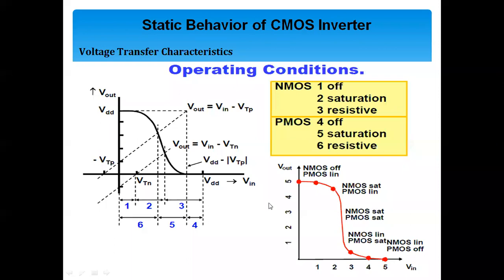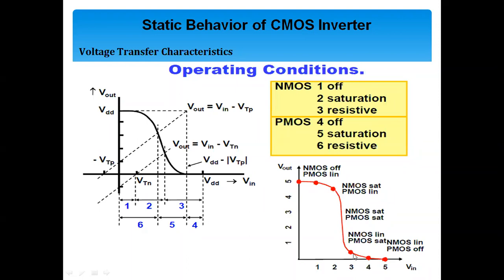There are actually five regions of operation, depending upon this input output characteristic. So in the first region, NMOS is off, PMOS is in linear region. In the second region, NMOS is in saturation, PMOS is in linear region. In the third, PMOS is in saturation, and NMOS is also in saturation.